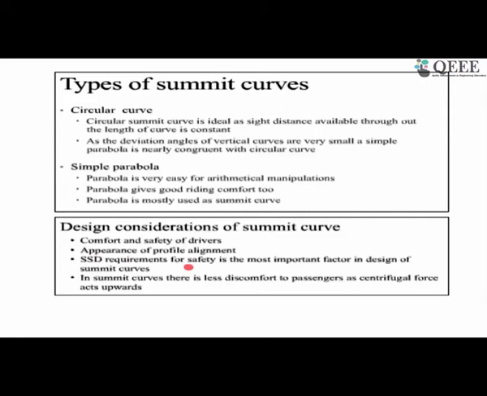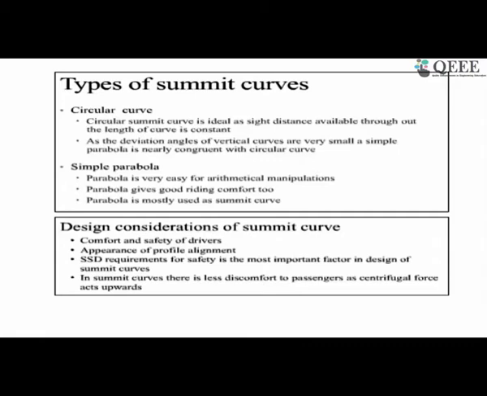And you also need to look into the profile. If you are providing a parabola, it will give you a smooth profile which is gradually changing the radius, whereas a circular curve is not going to do that. You as a driver are going to see that all of a sudden there is a change. Now the other thing is that in the summit curve, the centrifugal force on the vehicle is going to act upward, whereas the weight and the mass are going to act downward due to gravity.